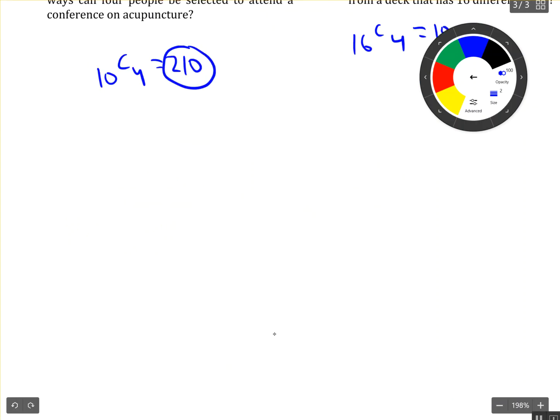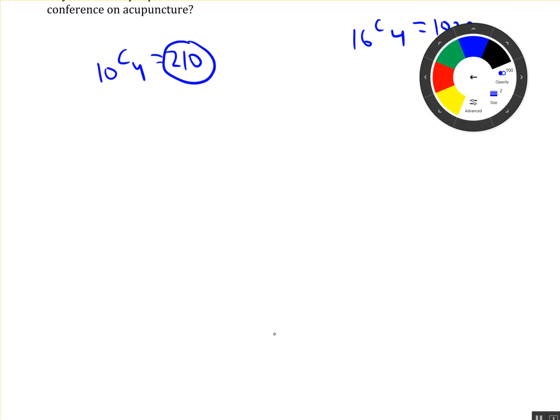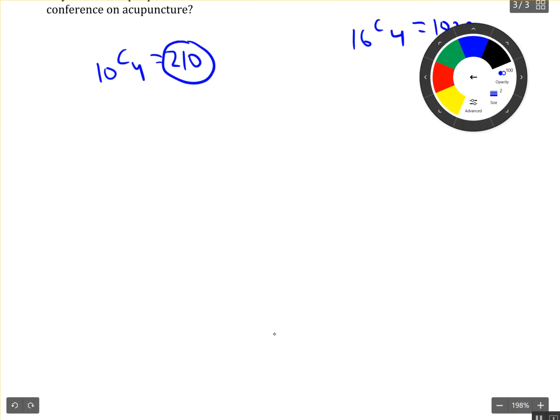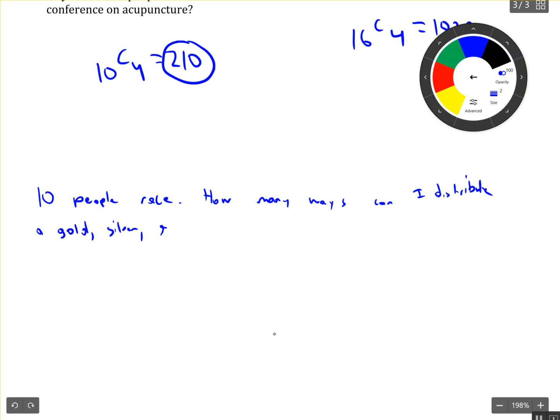And so the last thing I'll say is kind of a nice example to illustrate the difference here. I might say, 10 people race. How many ways can I distribute a gold, silver, and bronze medal?